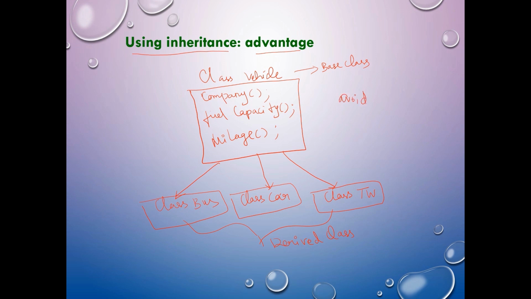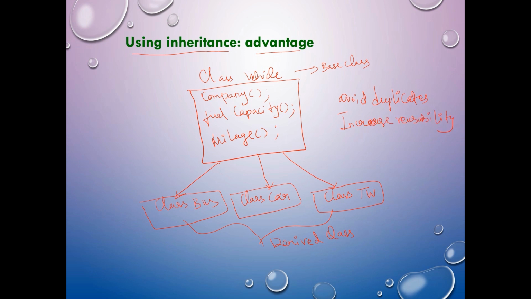Without using inheritance, it will create duplicates, and while creating duplicates we will get some errors. But by using inheritance we can avoid the duplicates, and it will increase reusability.